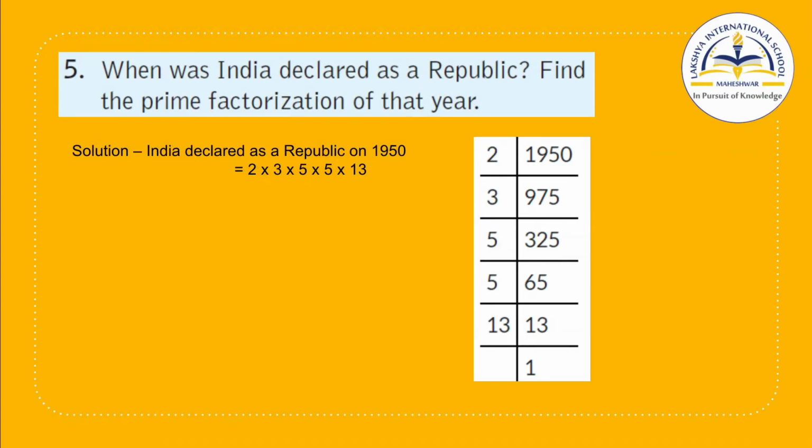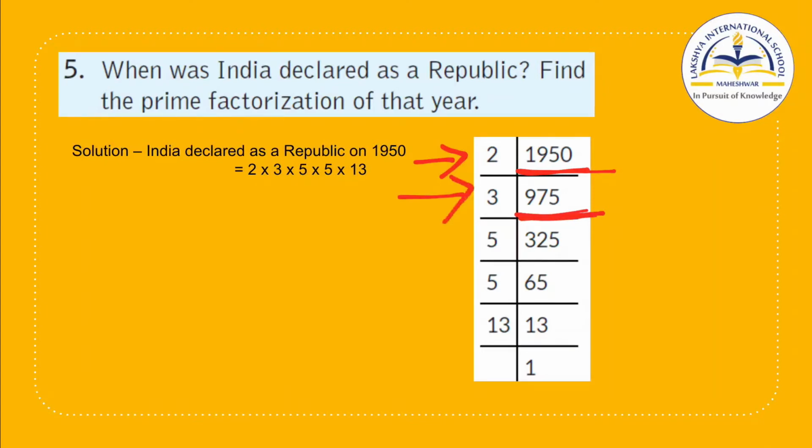Question number 5, when was India declared a republic? Find the prime factorization of that year. India was declared a republic in 1950. So we have taken 1950 here, then we take the LCM. We take 2, and dividing by 2 gives 975.